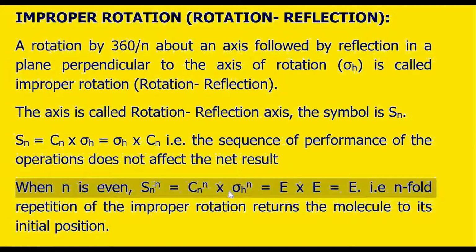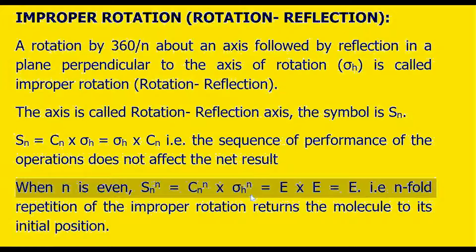Now, sigma h raised to n. While discussing the reflection operation, I already pointed out that if you perform a reflection twice, that is, if you take an object and reflect it through a plane, and then again you reflect the resultant appearance through the same plane, then you will get the original appearance you started with.